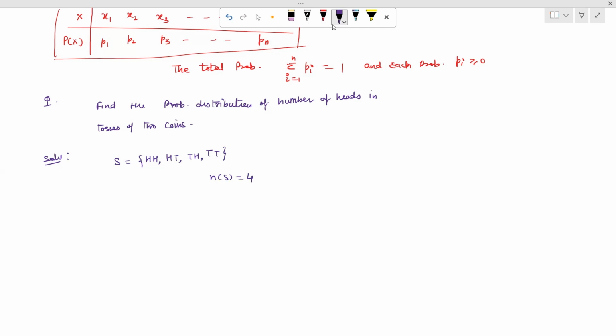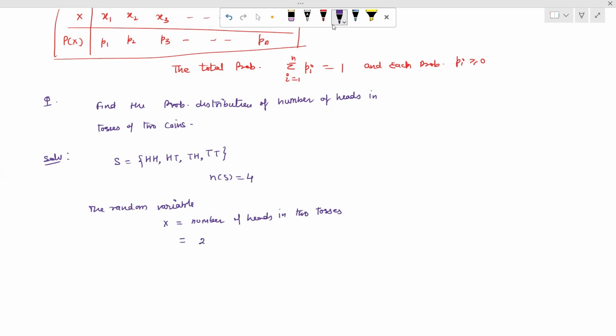Now we write down the random variable. We denote this random variable as X. X represents the number of heads in two tosses. When we toss the coins, how many heads are possible?